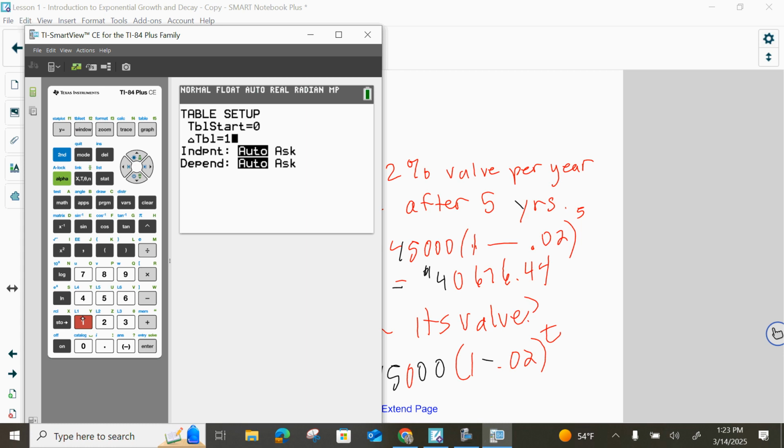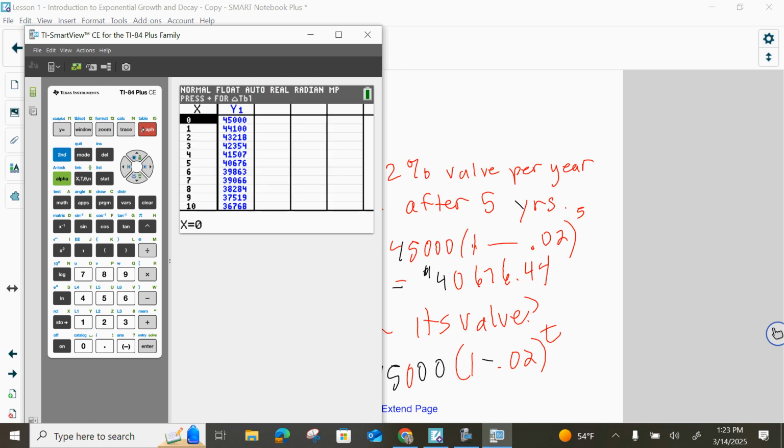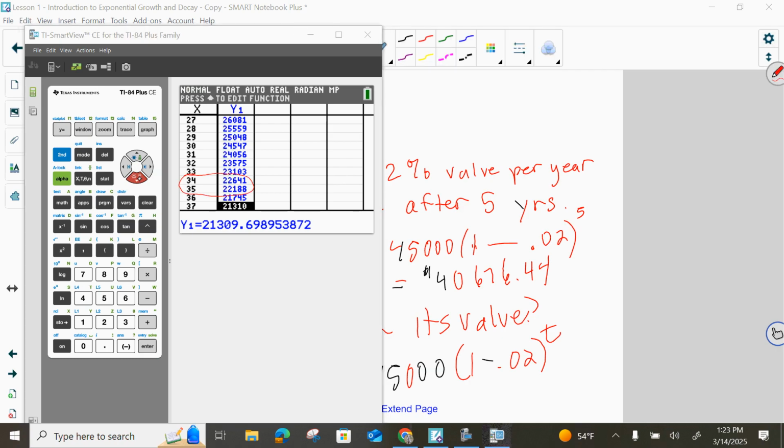And then you go in second graph. So, right, Slade just said, as the years go up, the value is going down. So I want 22,500, right? So you can keep on moving down until you hit 22,500. And look, it's somewhere between 34 and 35 years.